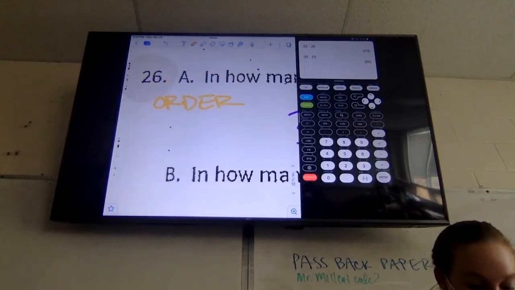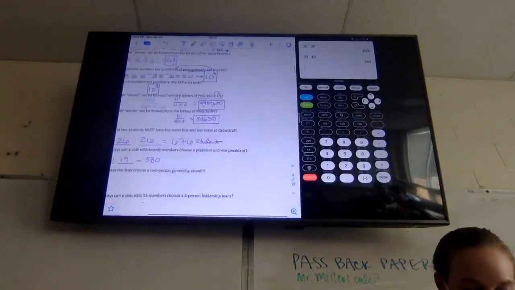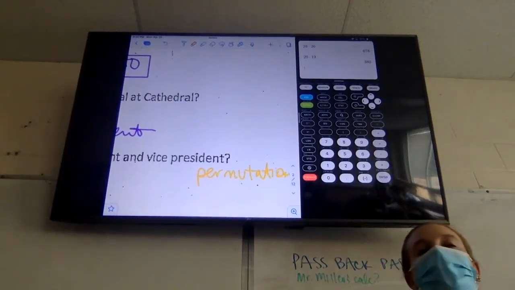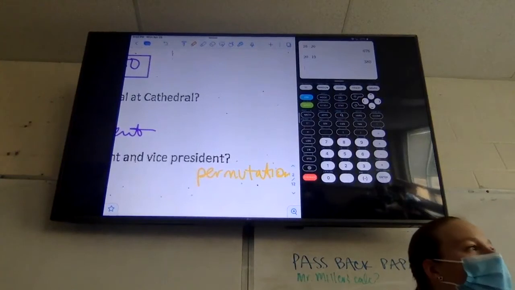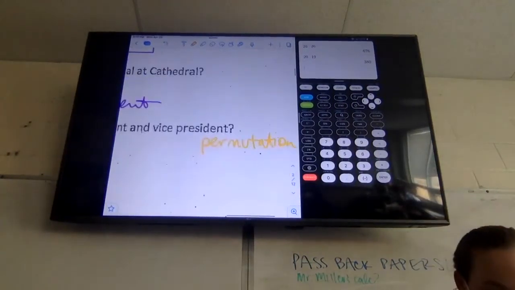Order matters here. This is what we call a permutation. A permutation is a way to pick a certain number of people or things, and it's where order matters. Order is important.